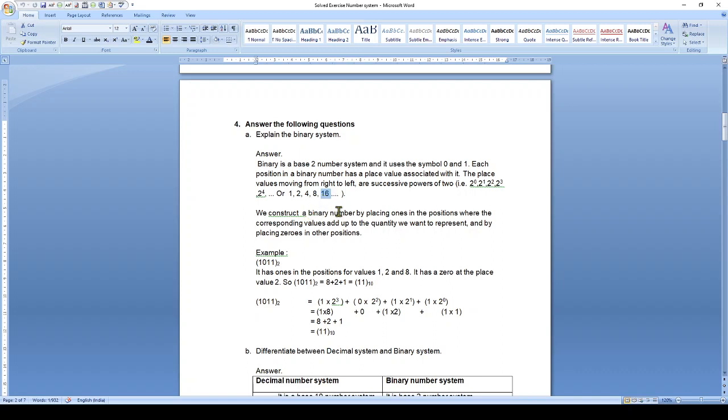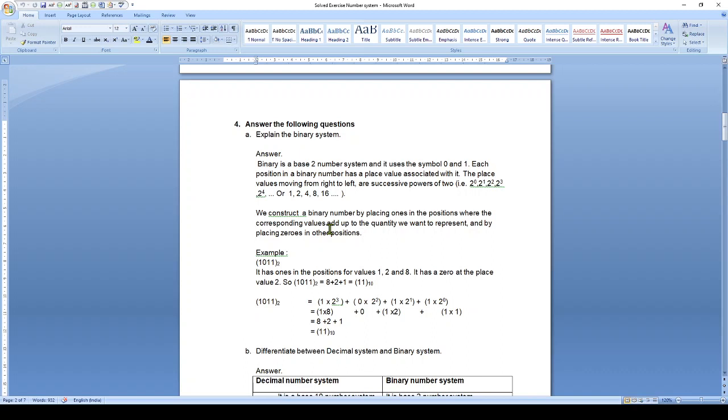So we construct binary number by placing ones in the positions where the corresponding values add up to the quantity we want to represent, and by placing zeros in other positions. Very important. So that is a complete explanation of the formation of binary numbers.